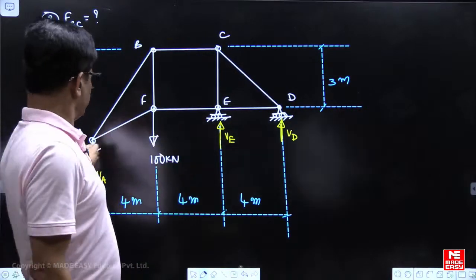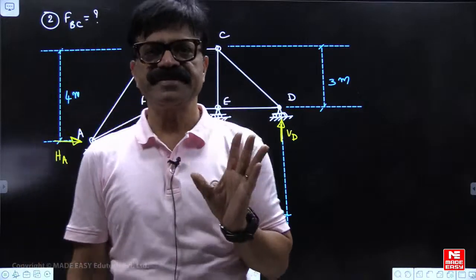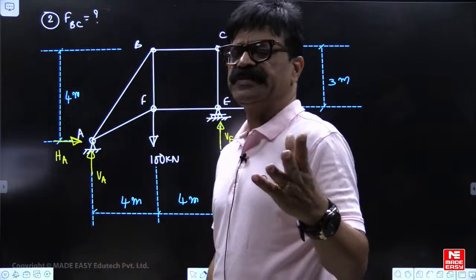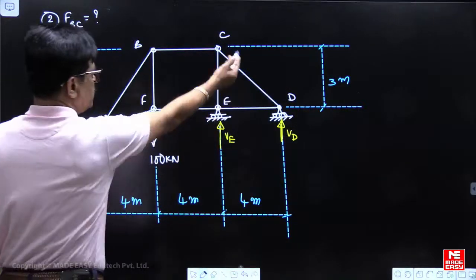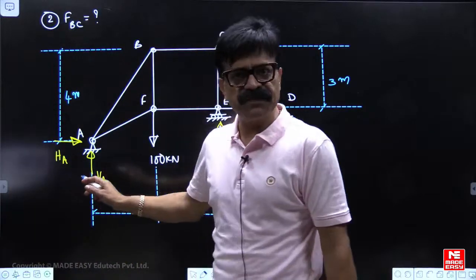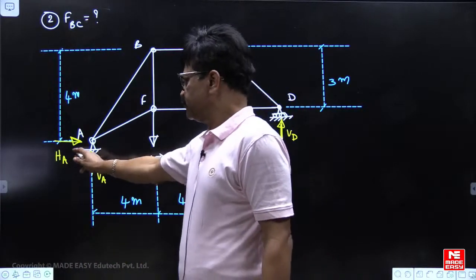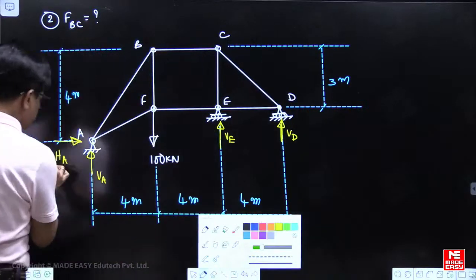Since again 1, 2, 3, 4 reactions are there, you have to use the method of sections to find all the support reactions. Some reactions may be 0, but still we have to use the method of sections. In this structure there is no horizontal force, no horizontal action, only all are rollers, only one reaction was there, so HA should be 0.